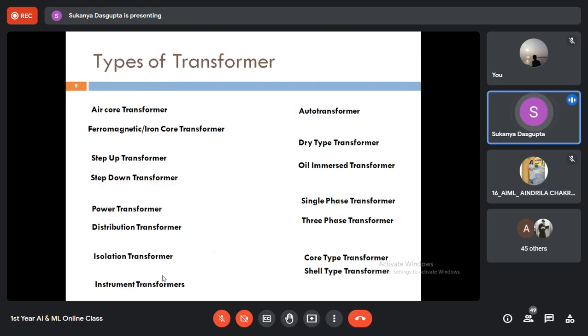Now, these are different types of transformer based on the material used at the core. It can be an air core transformer or a ferromagnetic or iron core transformer.